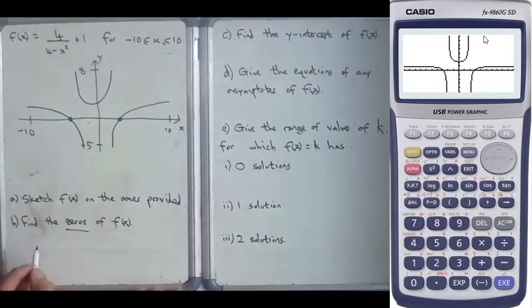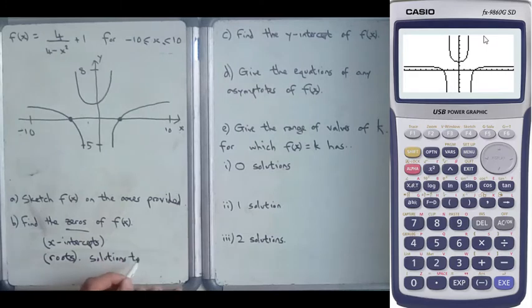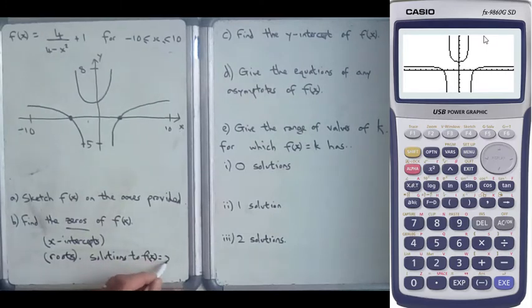Zeros are the same as x-intercepts. They're sometimes called roots. Or it could be find the solutions to f of x equals 0. These are just different ways of asking the same question. You do need to be aware of this because you could be asked in various different ways.